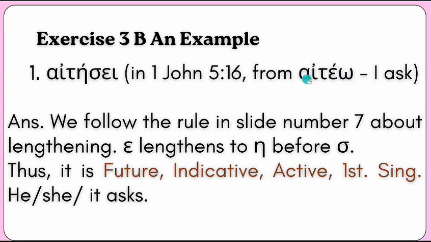The vocabulary form has an epsilon ending in the stem, but I have the eta here. Remember the rule? Epsilon or alpha as an ending for the stem lengthens to eta before adding the sigma. So that's what happened here. Now I have done my analysis, so I'll give the answer.